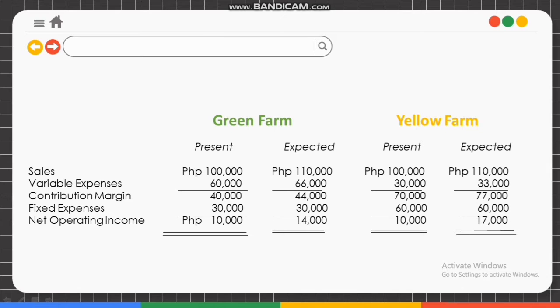And the expected contribution margin is equals to 77,000 pesos. Then, ang fixed expenses ng Yellow Farm is equals to 60,000 pesos. So, ang net operating income natin is 10,000, 70,000 minus 60,000. Tapos dito is 17,000, 77,000 minus 60,000.